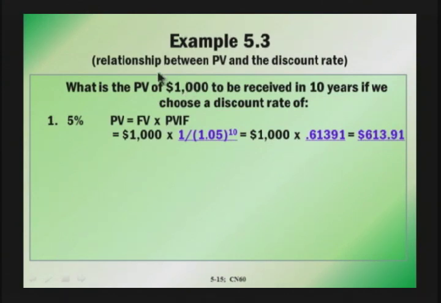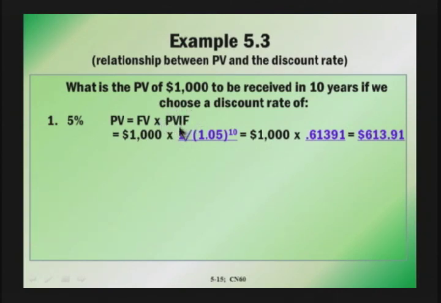Let's take a $1,000 future value and discount it over 10 years' time. So if we're supposed to receive $1,000 10 years from now, what is it worth to us today? What is its present value if we discount that future value at a 5% discount rate? To get the present value, we take our future value and multiply by that present value interest factor.